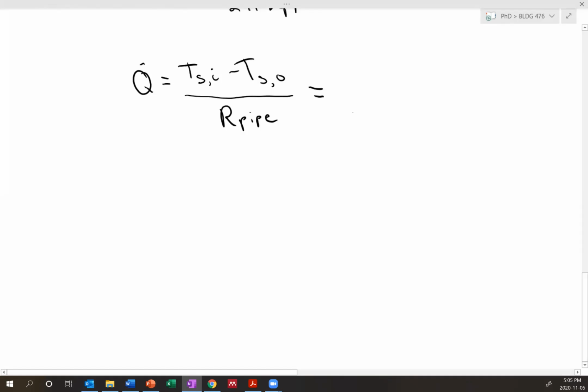So this is equal to m dot Cp, the heat capacity of our water, times the temperature of the inlet of our pipe minus the temperature of the exit.